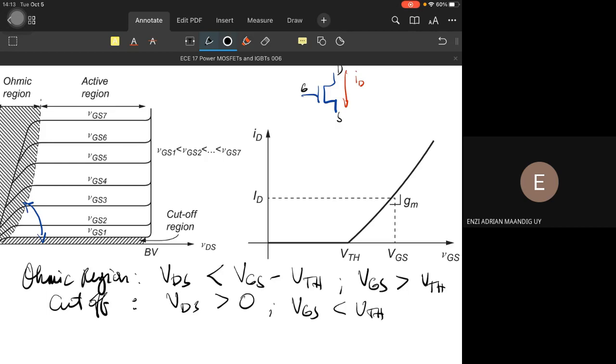So the VTH requirement is not satisfied. Later we will work through examples. And it is in the active region if VDS is greater than VGS minus VTH and VGS is greater than VTH.